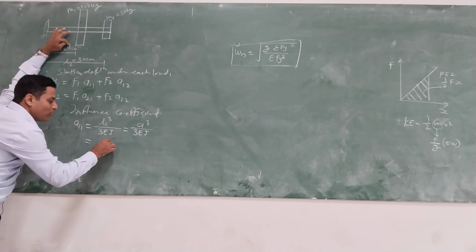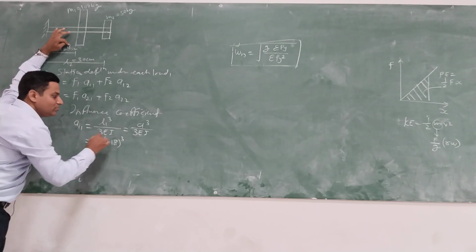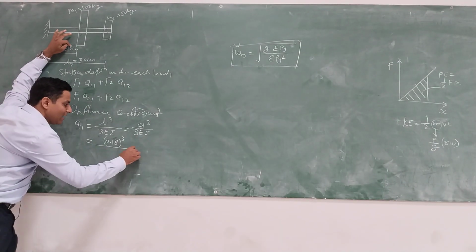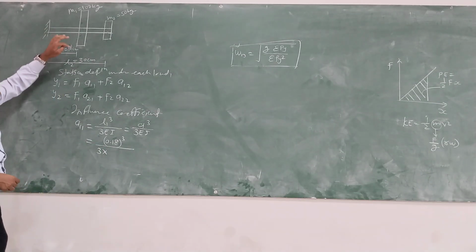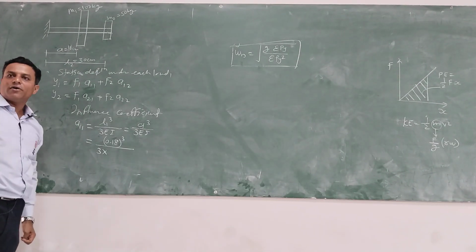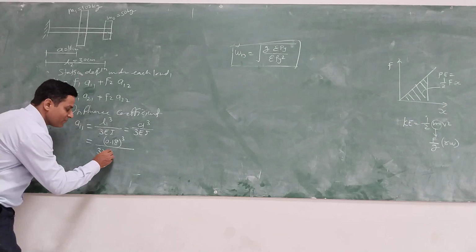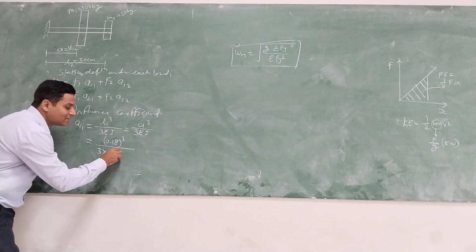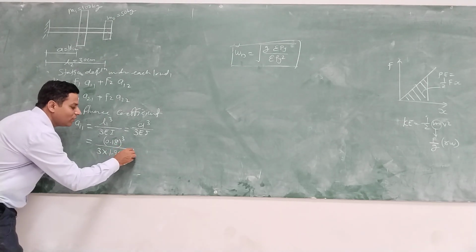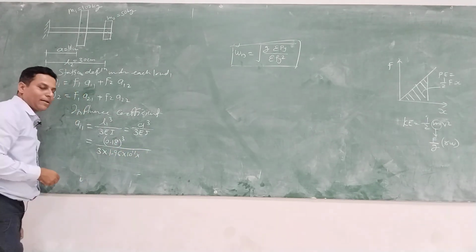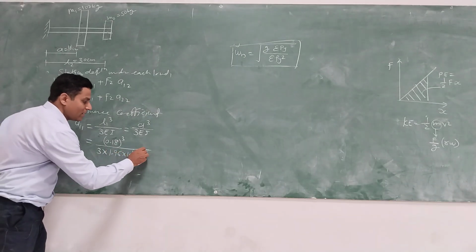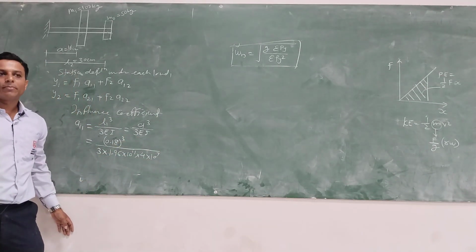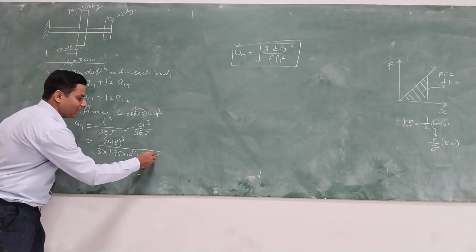So 0.18 meter cube divided by 3 into E, the value of E they have given, 1.96 into 10 raised to 11, into I, 4 into 10 raised to minus 7.